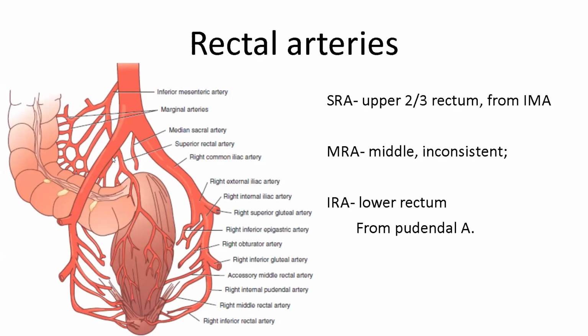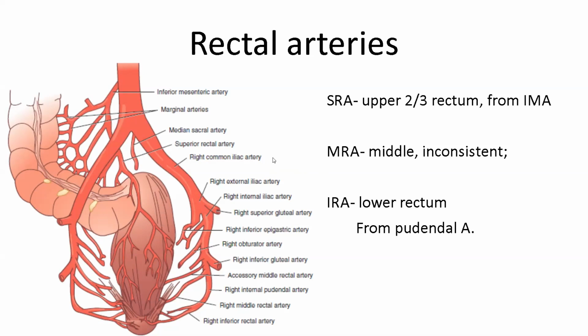And once it reaches here, finally it continues as the superior rectal artery. So the superior rectal artery gives 1 to 3 branches to the sigmoid colon, and then it gives branches to the proximal rectum and continues distally after dividing into right and left branches.